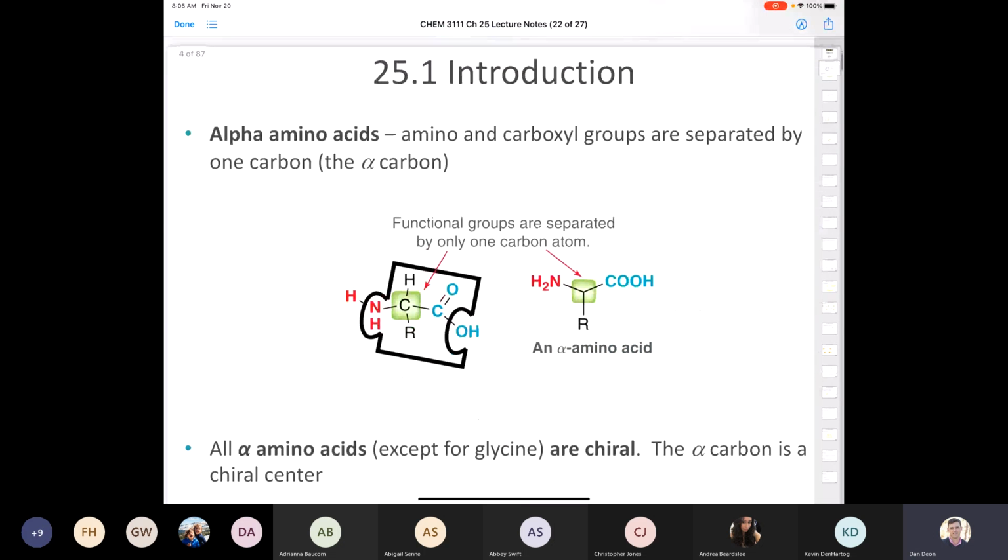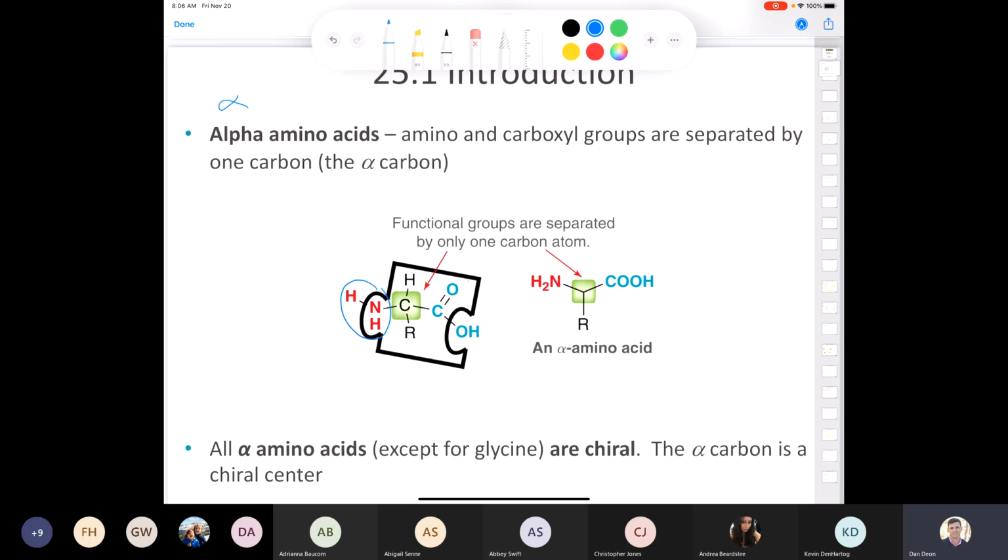If we look a little closer at the structure of an amino acid, it says here alpha amino acids. So alpha, the Greek letter alpha, amino acids. The amino and carboxyl groups are separated by one carbon, and we call that carbon the alpha carbon. You can see here in the puzzle piece that the amino group and the carboxyl group are connected by one carbon.